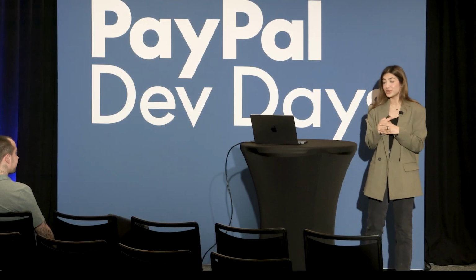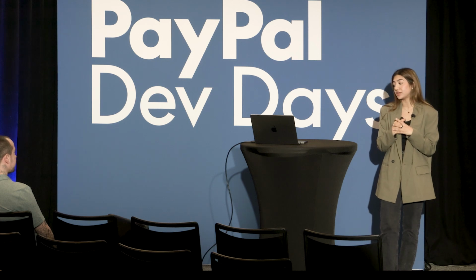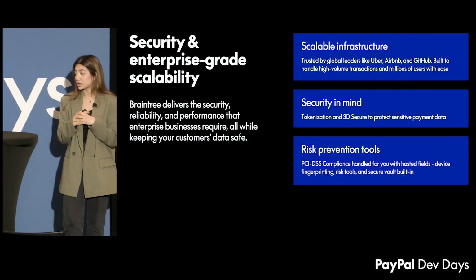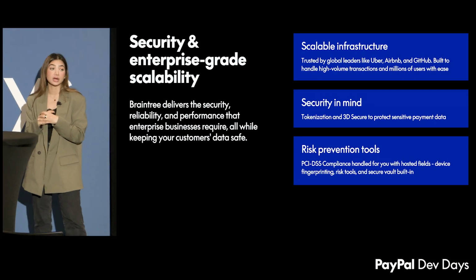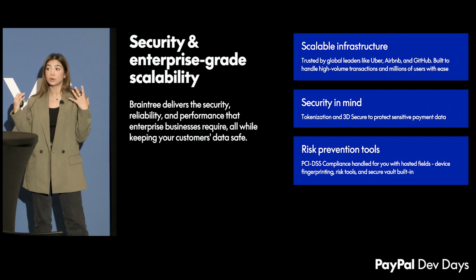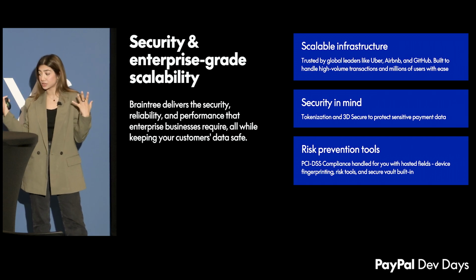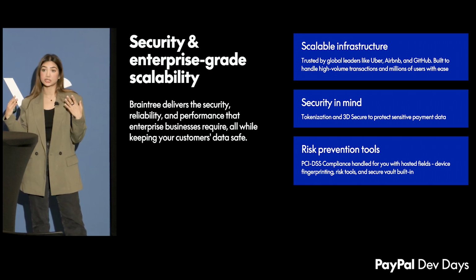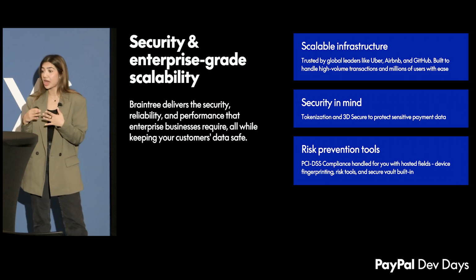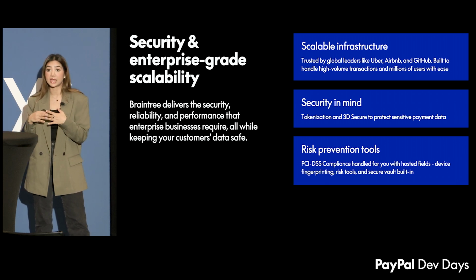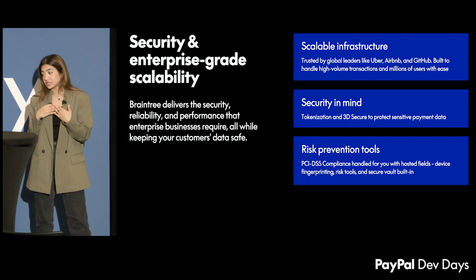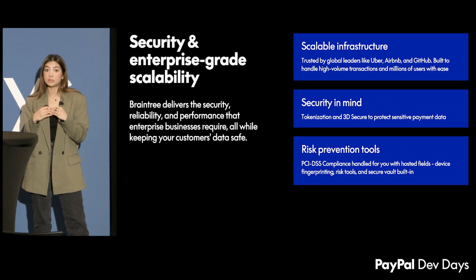And lastly, you cannot be an enterprise developer without thinking about security as well. As mentioned before, we have really awesome scalable infrastructure that comes with the entire PayPal name as a whole. It's used to make sure that you can handle high volume transactions and not have to worry about your users getting any errors. On top of that, we really do keep security in mind.